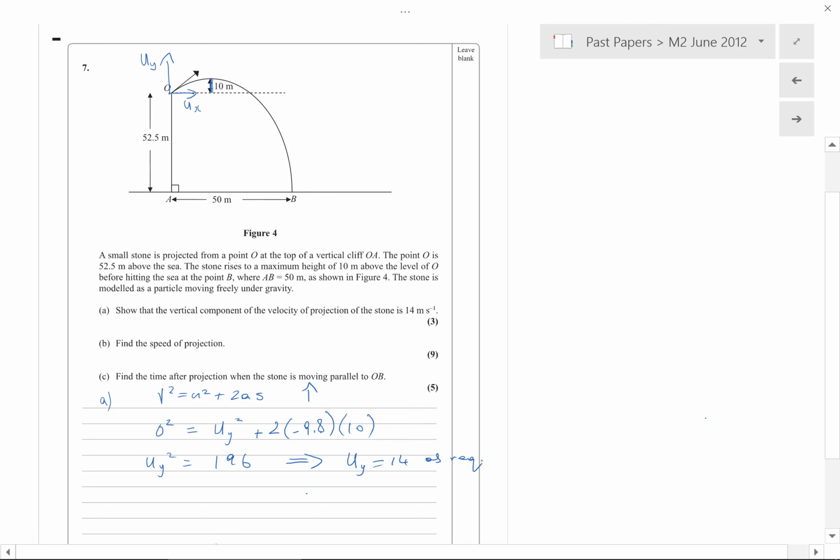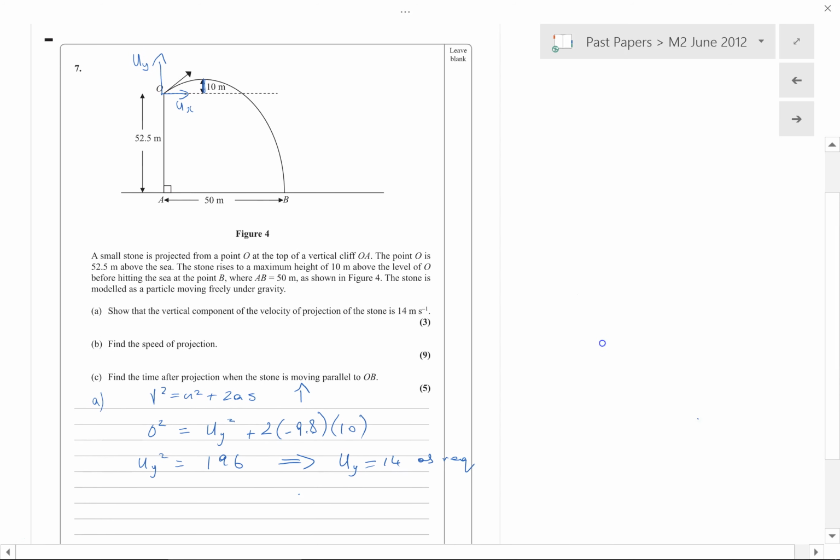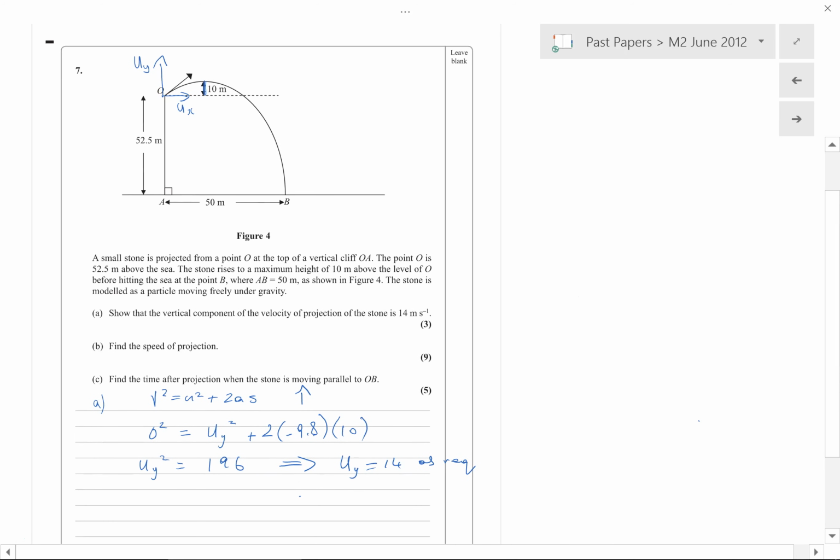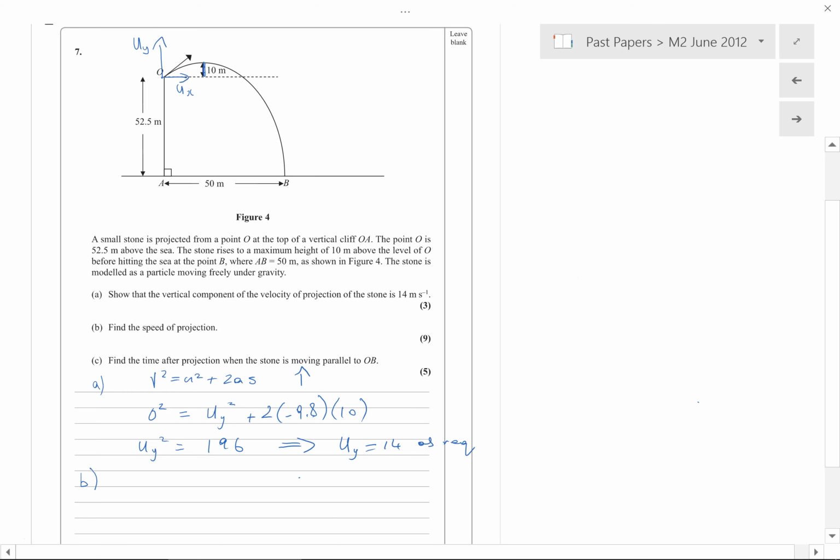Okay, so that's the vertical component sorted. Let's look for the horizontal component. There's quite a lot to consider here, which is why it's 9 marks. So we're basically going to have to bring in these two bits of information here to work out the horizontal component of the initial velocity.